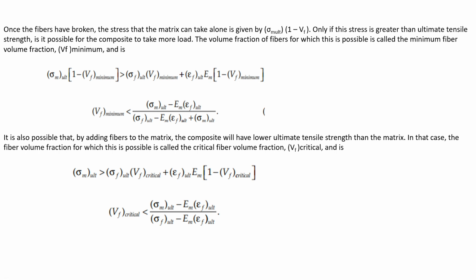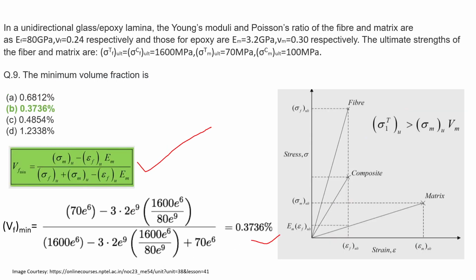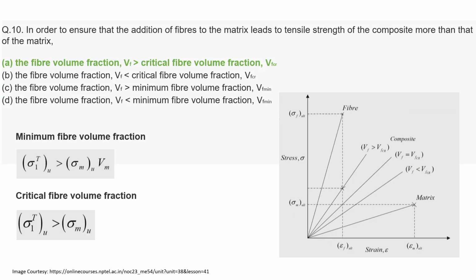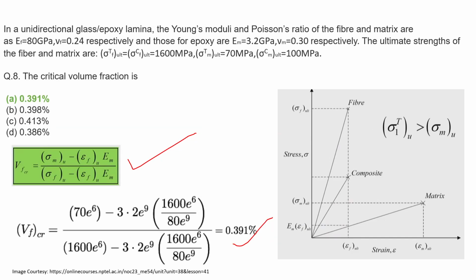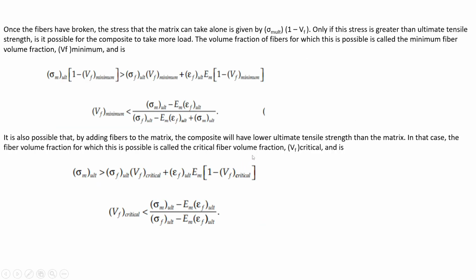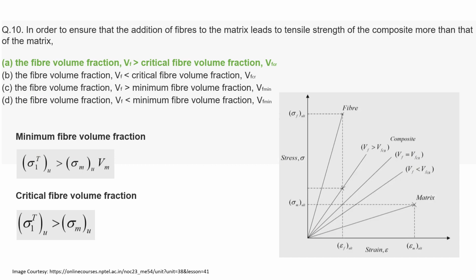So to have the ultimate tensile strength of the composite more than that of the matrix, as critical fiber volume fraction talks about the tensile strength of the matrix, we have to consider the critical fiber volume fraction. From that definition, we can say that the fiber volume fraction of the composite should be higher than the critical fiber volume fraction. So that will be the answer.